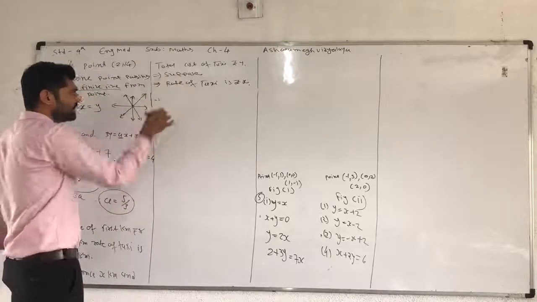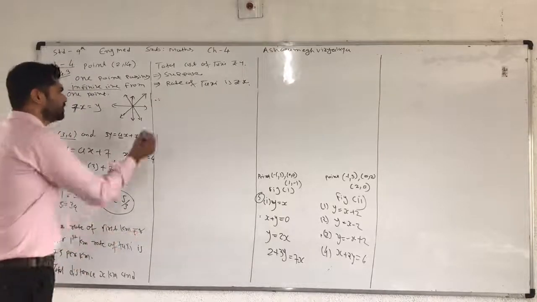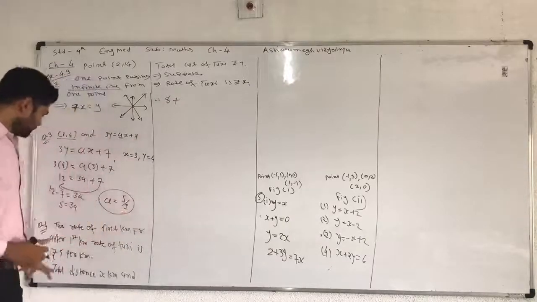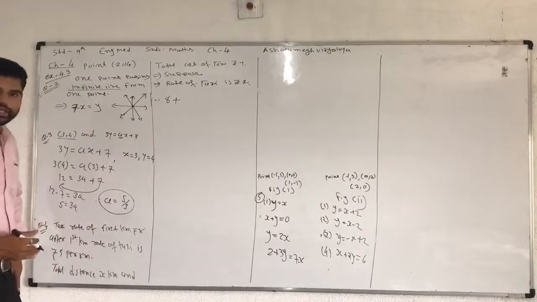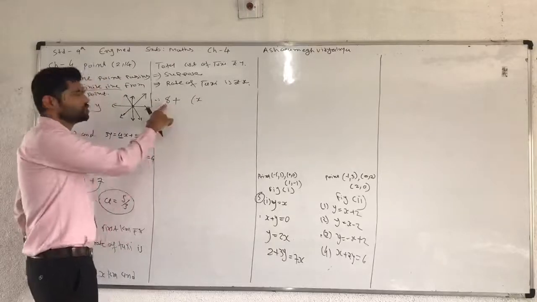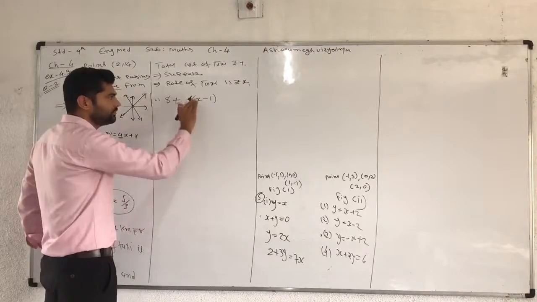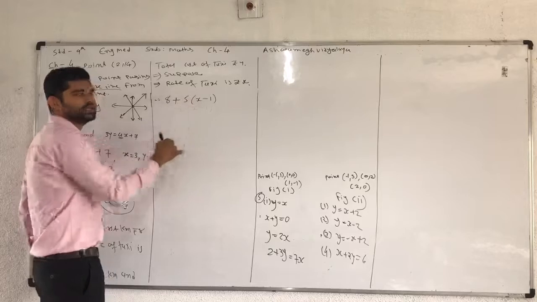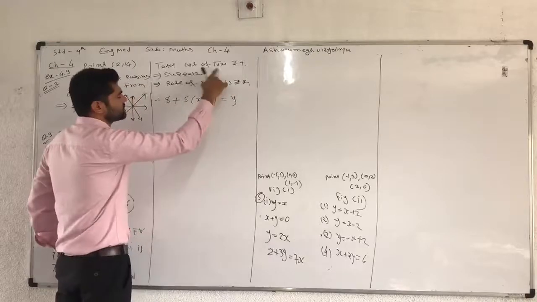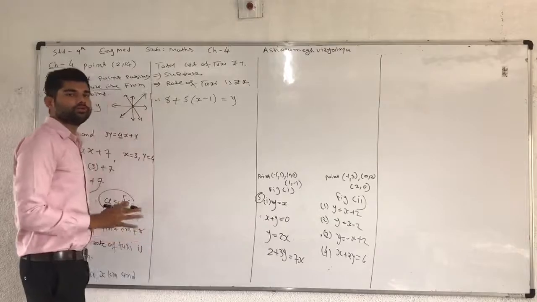So according to this situation, the first kilometer is equal to 8. It means completing the first kilometer costs 8, and after the first kilometer it is rupees 5 per kilometer. It means total completed x kilometers. For the first kilometer you have to take 8, therefore x minus 1 kilometers, and after the first kilometer the taxi rate is rupees 5 per kilometer, and the total cost, the final answer, is y, because y is the total cost of the taxi fare.